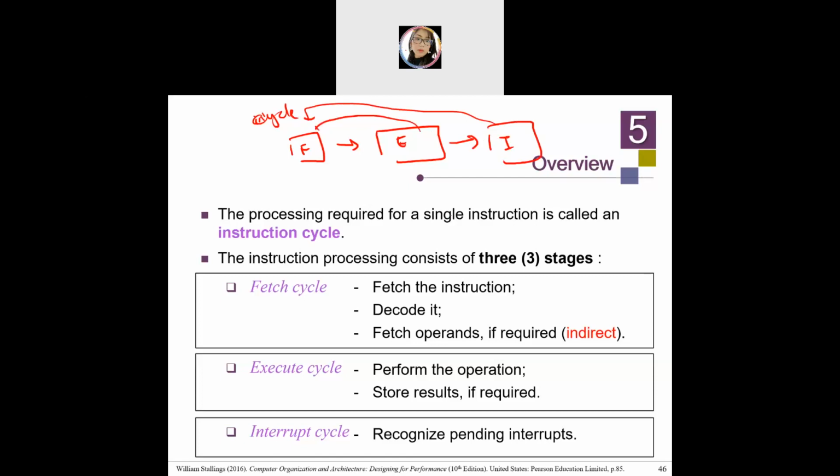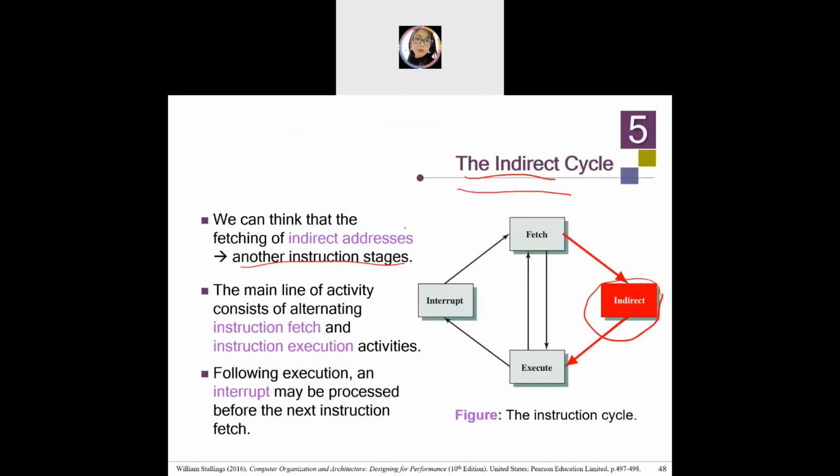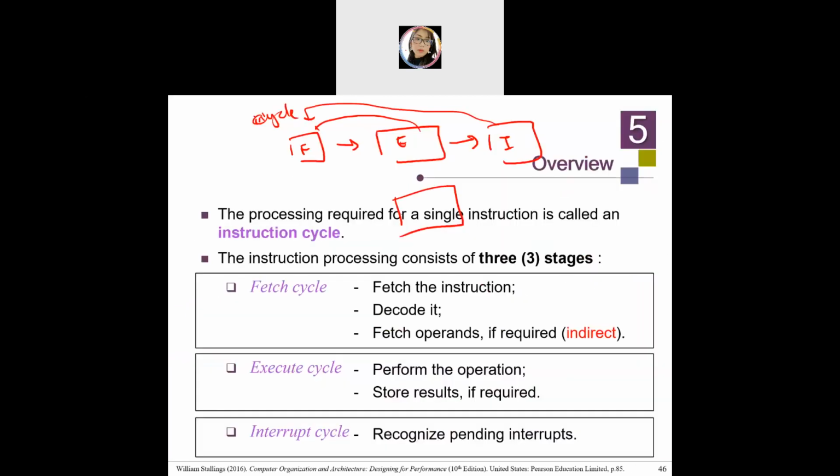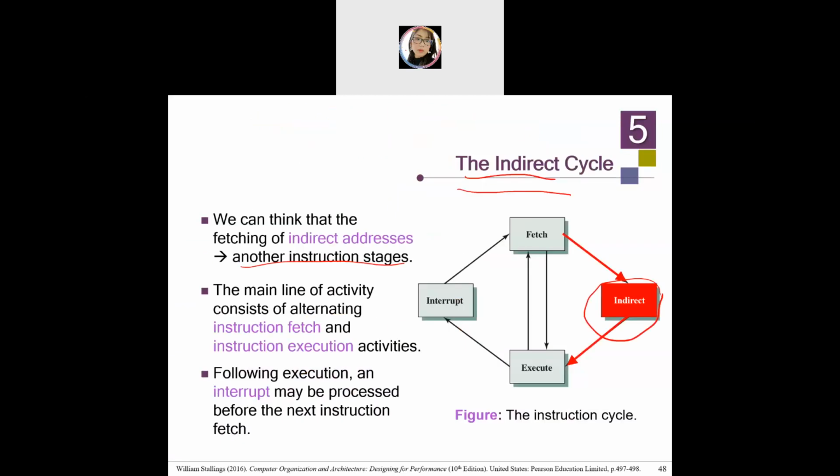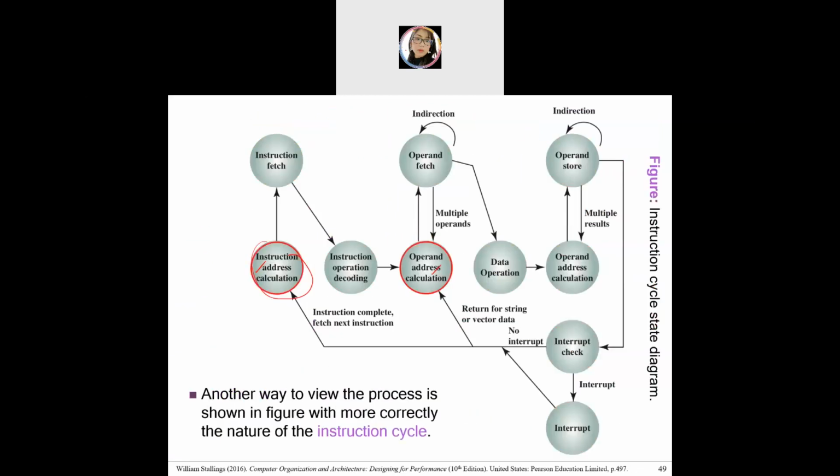But when you have indirect, you might also have the indirect. So you can go here, or the indirect might have an interrupt, and might also go back. So that is the general thing that you should understand.